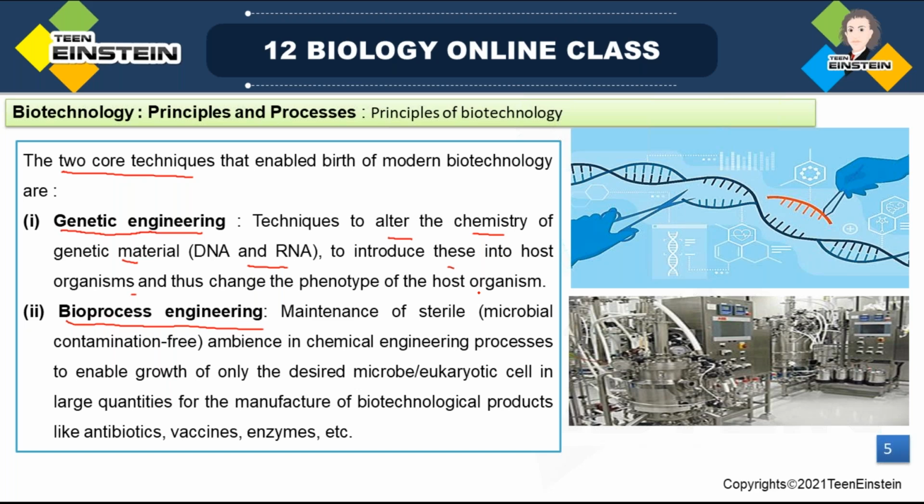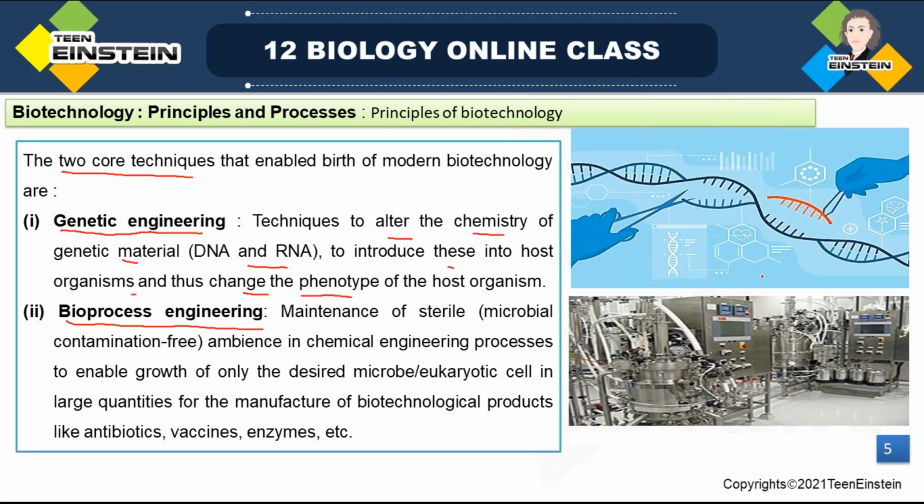So the host organism's character will be changed. With the help of genetic engineering, we are altering the chemistry of the genetic material, and introducing it again into the host organism, but this time the host organism will show the changed expression, or the phenotype will change.